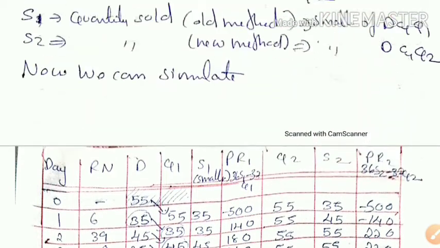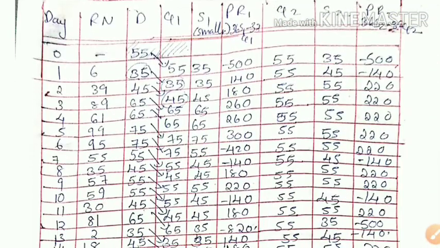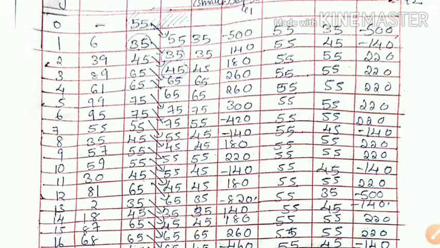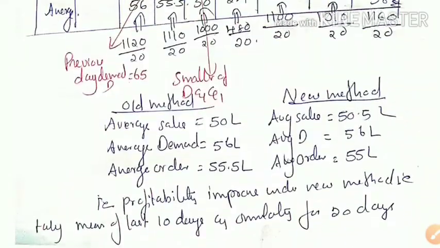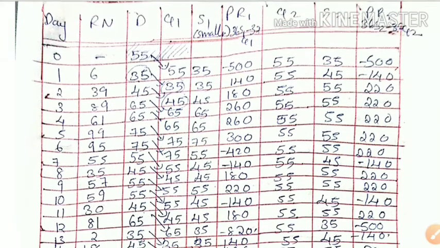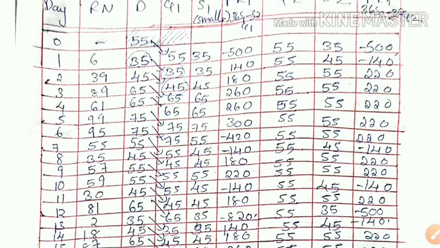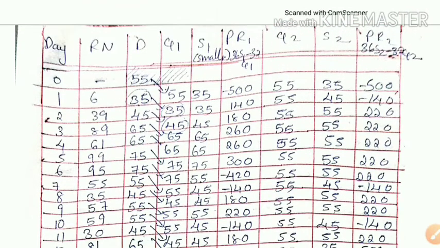Now we have to write this table like this, that is the random number from day 0 to day 20. Next we have to write the demand. For day 0, demand is given as 55 liters. For day 1, we have to find the demand using the random number. The random number is given as 6.